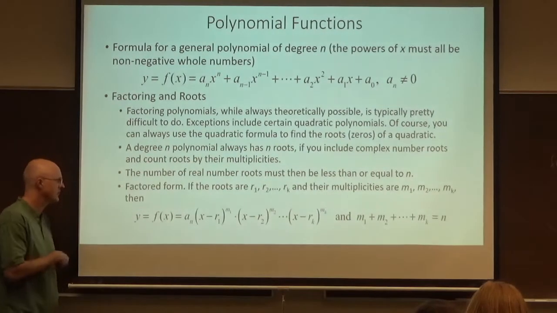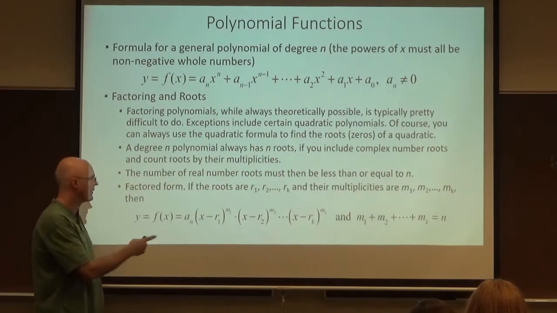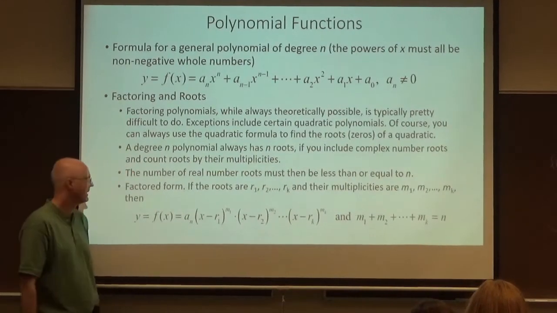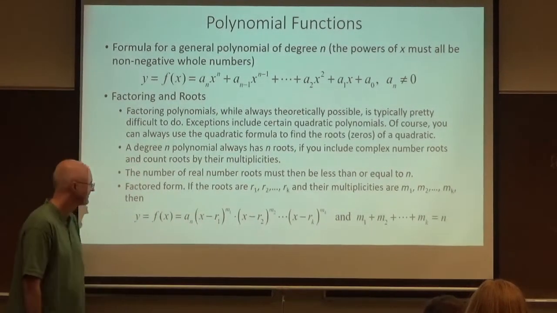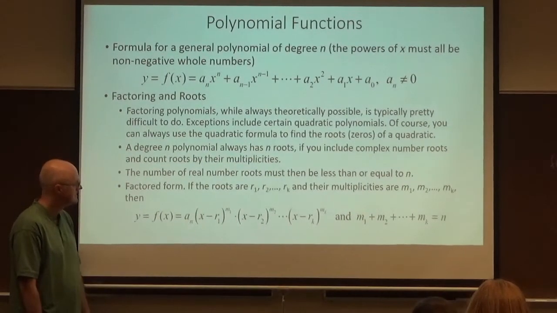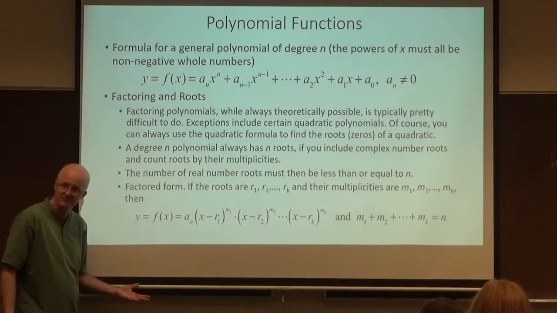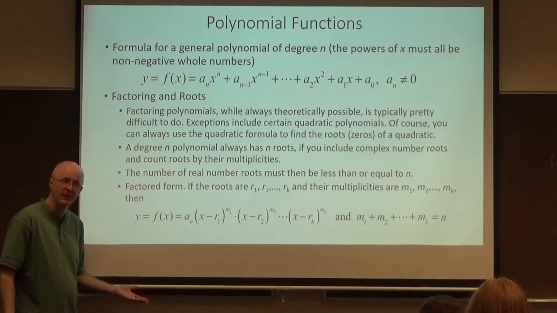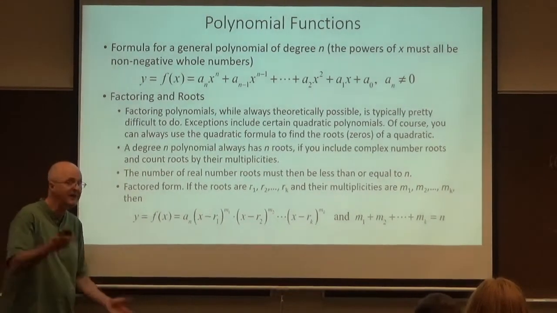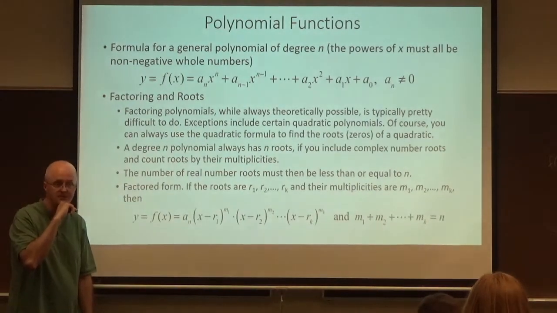Here's the general factored form. If r1 through rk are the roots, with multiplicities m1 through mk, and if an is the leading coefficient, you can factor it like this. These r's could be complex numbers. Okay? Just some information for future reference, just in case you ever need it. And if you're in physics or engineering, you will need to use complex numbers.